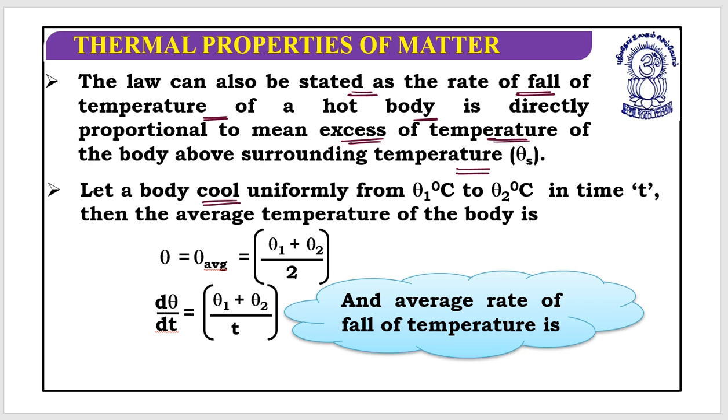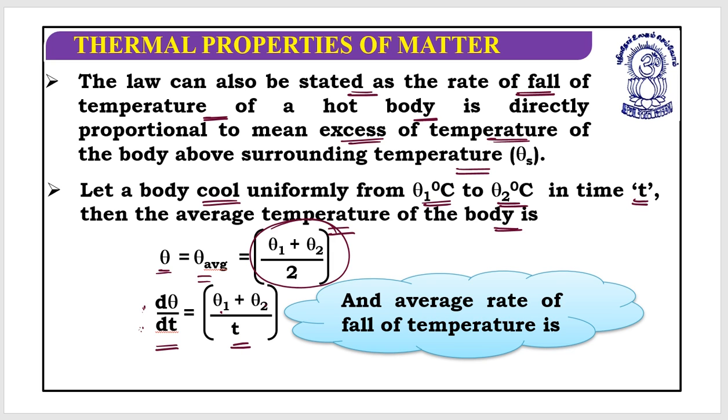Let's suppose a body is going to cool uniformly from θ1 to θ2 in time t. Then the average temperature of the body could be written as θ mean equal to (θ1 plus θ2) divided by 2, and dθ by dt, the rate of cooling or rate of fall of temperature, could be written as (θ1 minus θ2) by t.